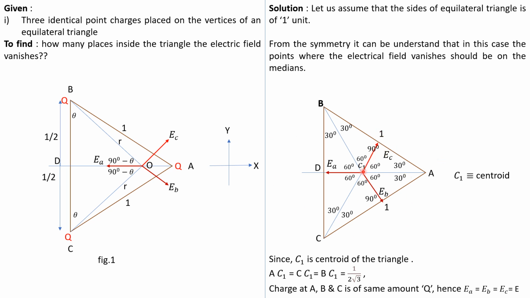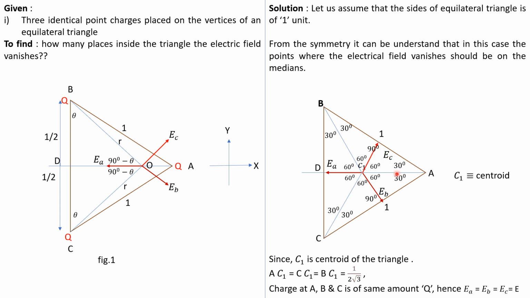If you take the components of EC and EB in the y direction, you can easily see that these two are cancelling each other, and there is no component of EA in the y direction. Y direction we have taken this, and x direction we have taken this. Now we will check the fields in the x direction.